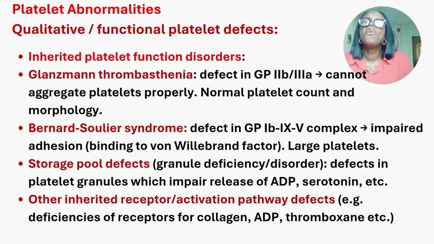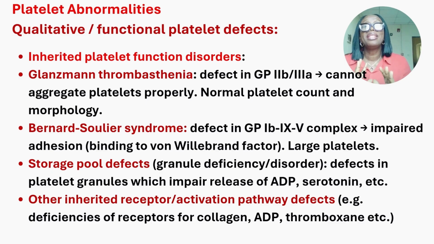And then we have qualitative or functional platelet defects. Remember, I said earlier that platelet function has to do with platelet adhesion, platelet activation, release of the granules, and then aggregation.